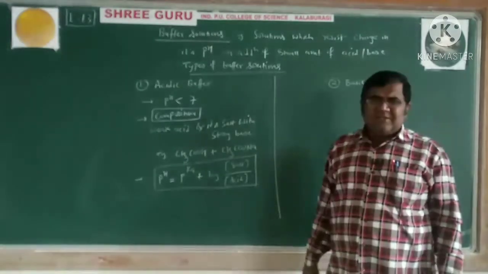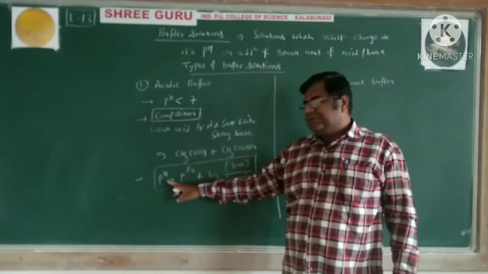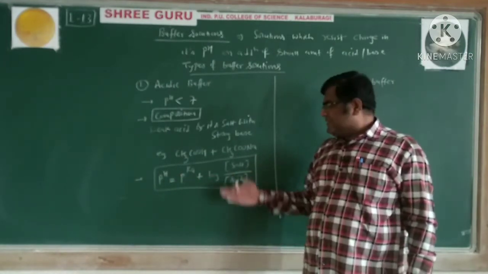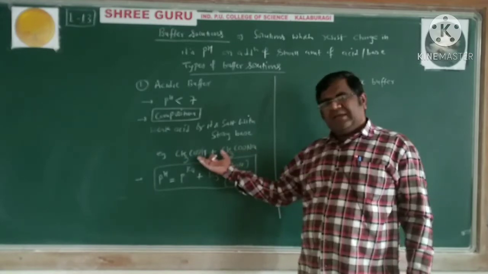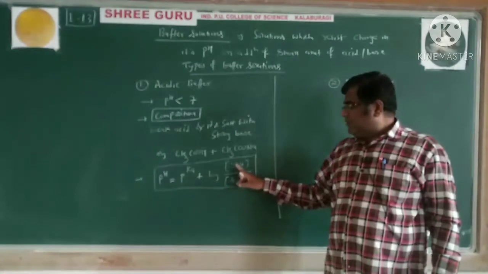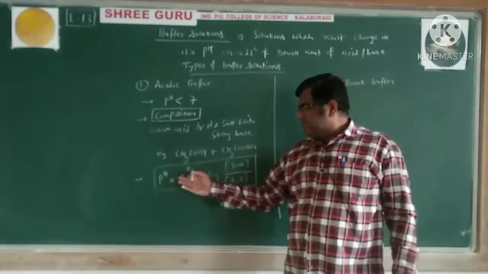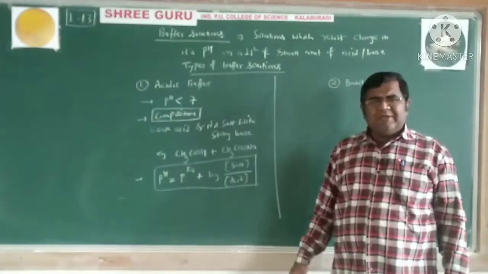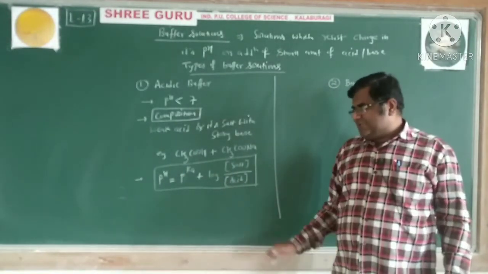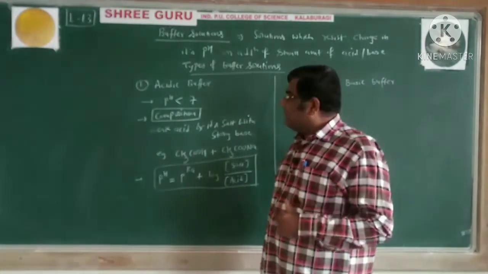So this is the formula to calculate the pH of an acidic buffer: pKa plus log of concentration of salt divided by concentration of acid. If both are equal, log 1 by 1 is log 1, which is 0, so pH is equal to pKa. Of course, I have already told you that this calculation is not in this particular reduced syllabus.